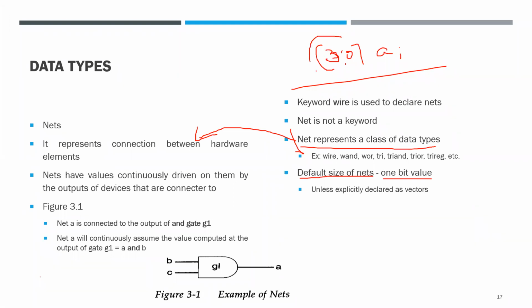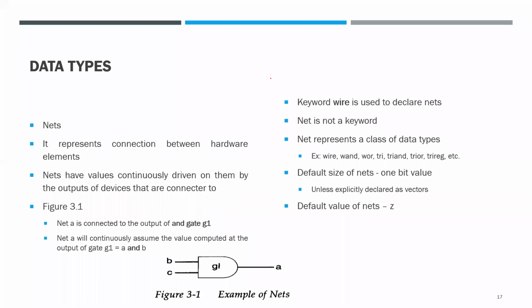When we write it in this form, this a is a vector. If I'm not specifying anything of this kind, then it turns out to be a scalar. Unless we specify the size explicitly, by default, the size of the nets will be 1. So if I specify wire A, it is a 1 bit value.